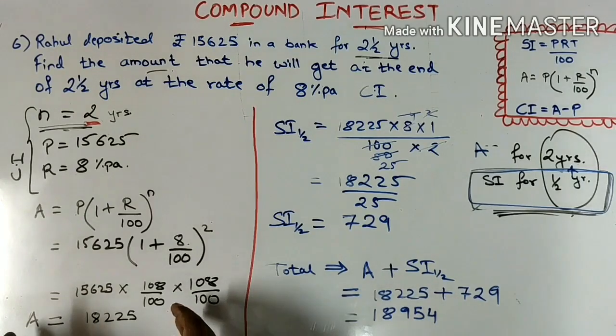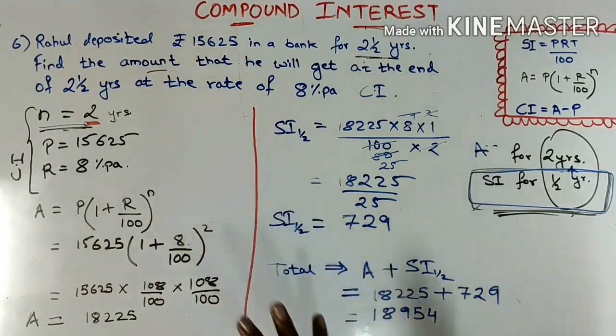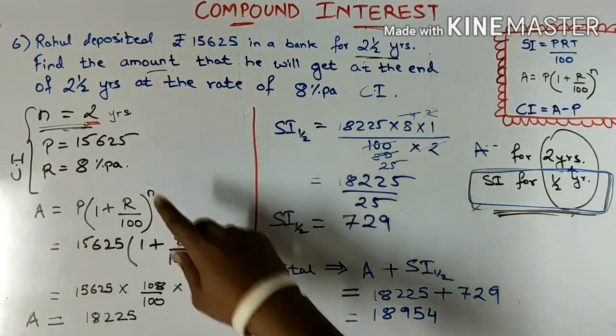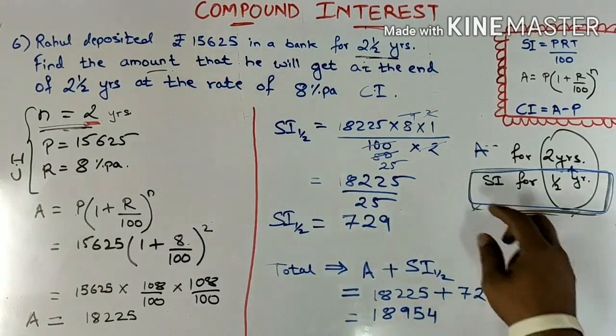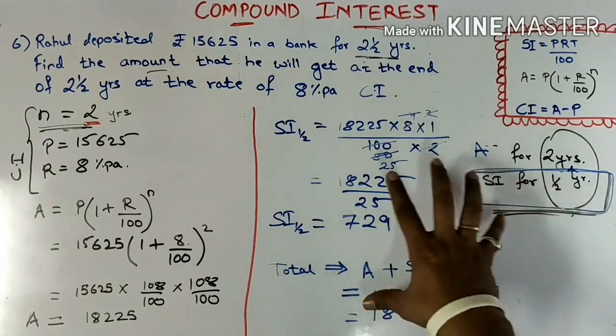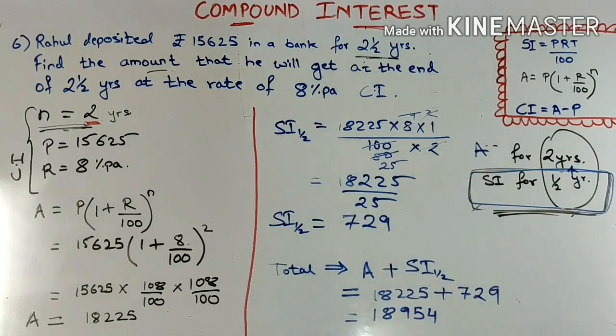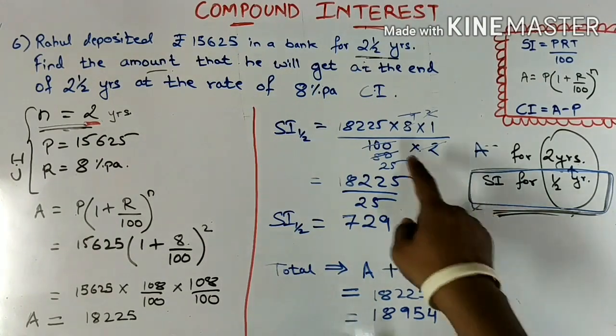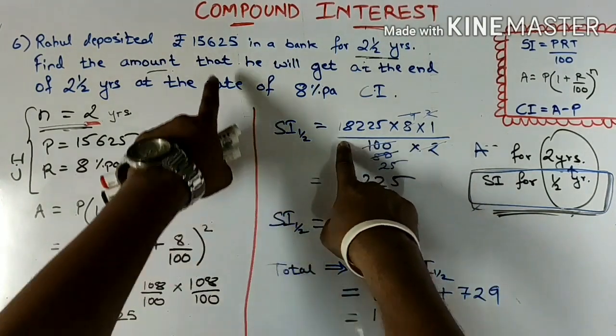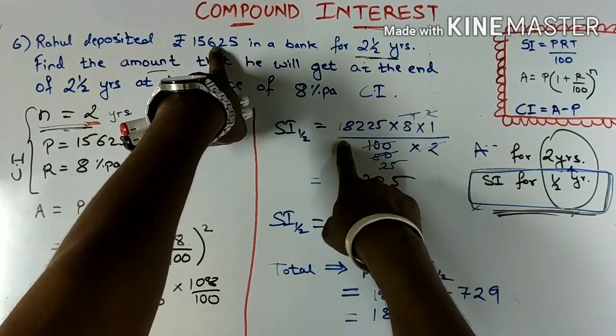We found the amount based on compound interest, which was for 2 years, and for the later half year we found the simple interest, and the total amount would be this amount of 2 years plus the simple interest for the half year. But remember, for the simple interest we do not take the principal amount of the beginning.